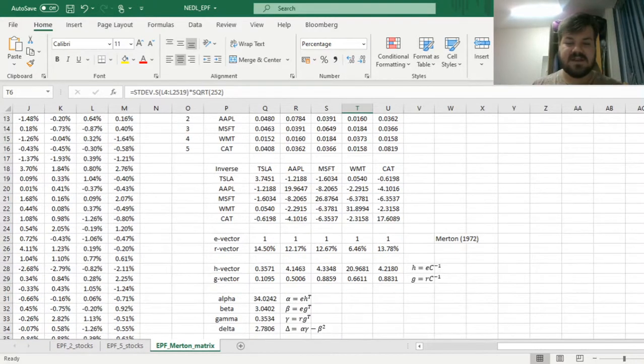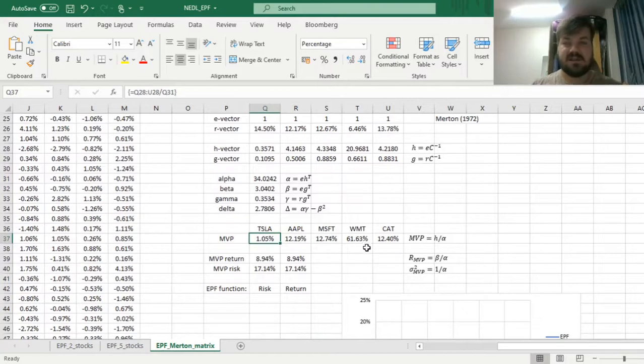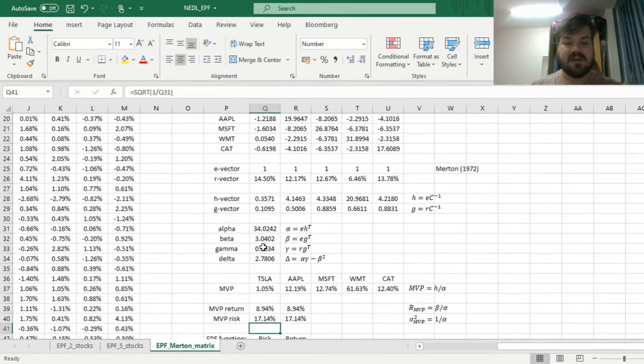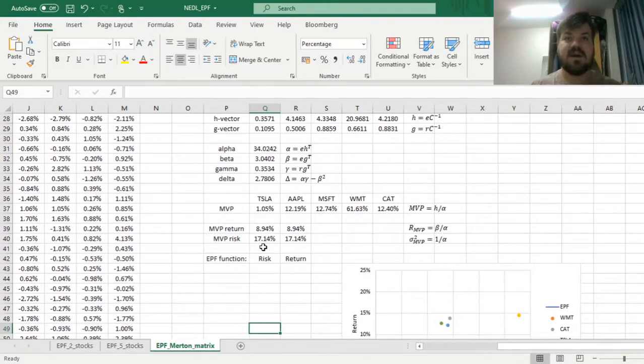And it does invest quite conservatively into Tesla. Around 1% of your capital goes into Tesla if you are a very risk-averse investor that only cares about minimizing risk. And that's again unsurprising given the fact how risky Tesla is as an individual stock. So the results of the model are actually quite intuitive and understandable.